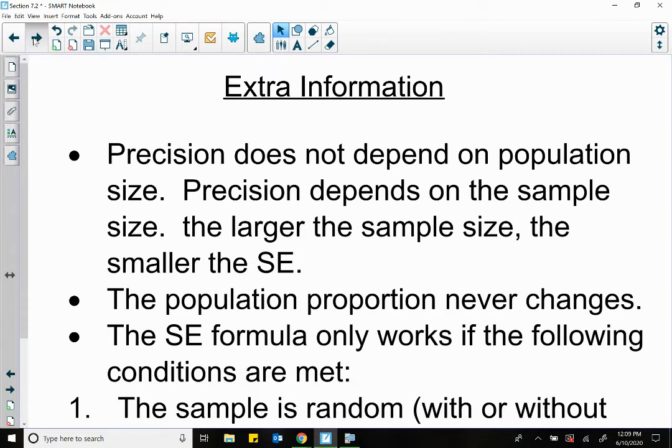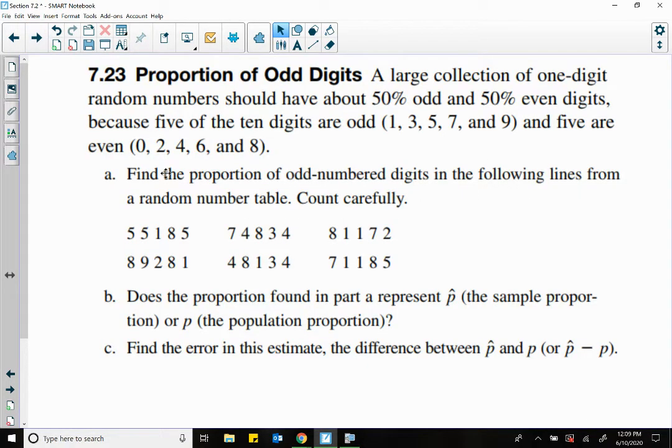All right. So let's take a look at what you're going to see. So right here, we've got a problem. It says a large collection of 1-digit random numbers should have 50% odd, 50% even. Okay? Because 5 of the 10 digits are odd, 5 are even.